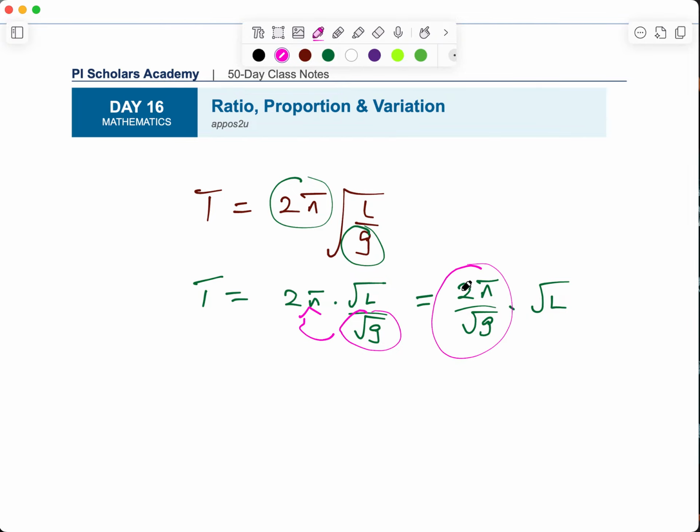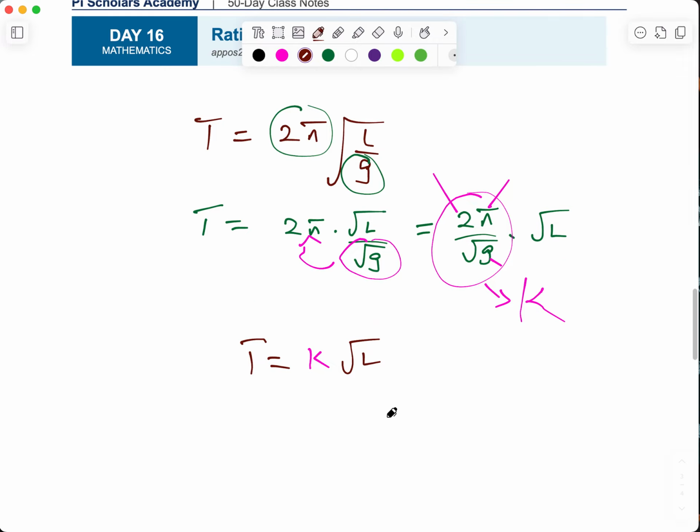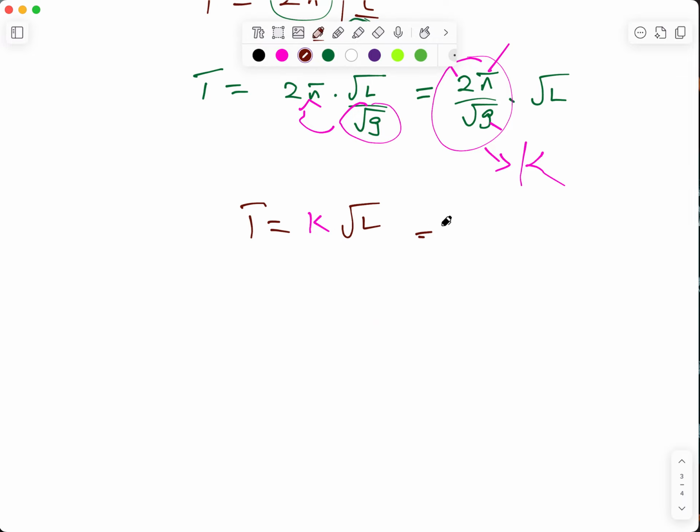In this entire thing, 2 is a known constant, pi is also a known constant, and g in physics is also a known constant. So I can say all of these together is a big K, a big constant. So you have an expression of this nature: T equals a constant multiplied by the square root of L. This implies that the ratio of T to the square root of L is always going to be constant.